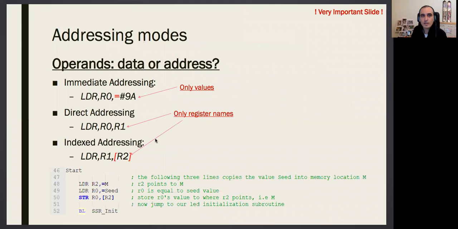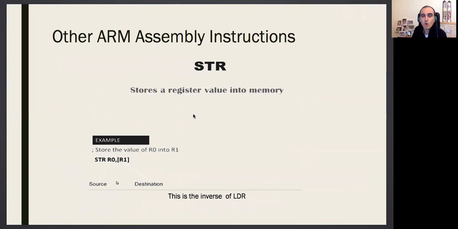In LDR we were writing to the registers, right? By providing a value like this, or from another register, or from the memory. If you want to write to the memory, it is STR. So STR is only used for that.